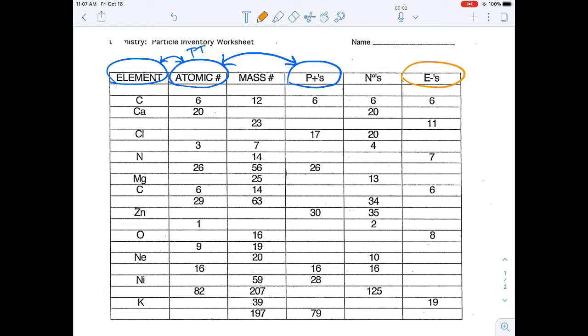So electrons and protons need to be the same also because, again, if I have, let's say in this first example, 6 protons, that would be 6 pluses. I'm going to need 6 electrons or 6 minuses to cancel that out because positive 6 and negative 6 would equal 0. You're neutral.